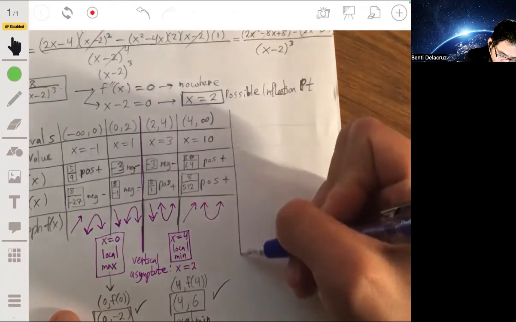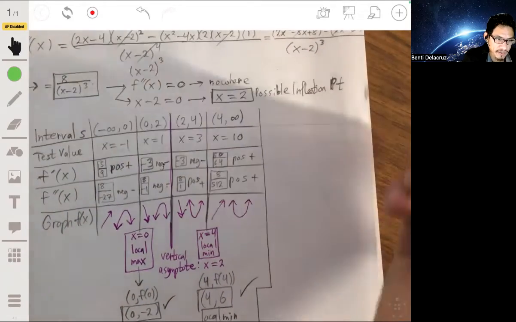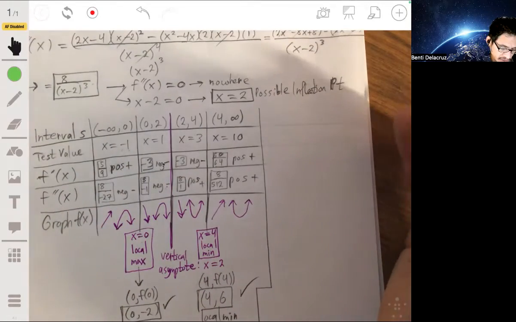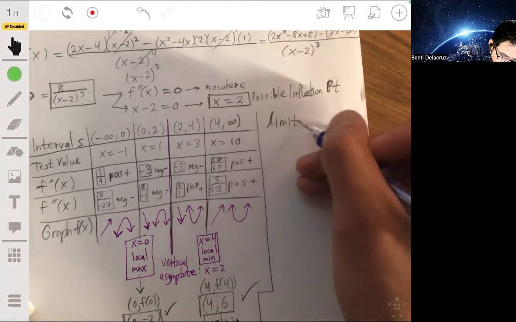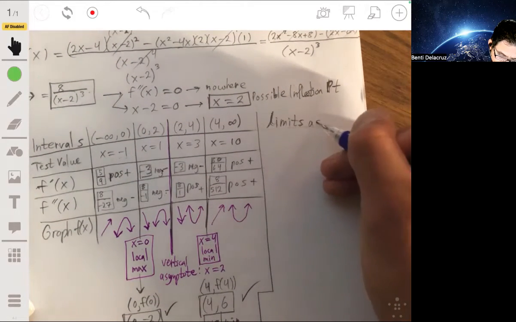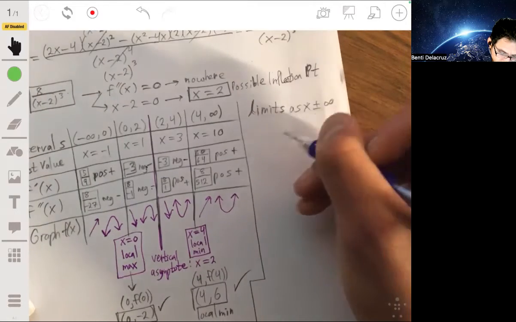If you remember from your pre-cal days, these asymptotes are actually equations of lines. We want to find the limits as x goes to positive and negative infinity. Find the end behavior, in other words.